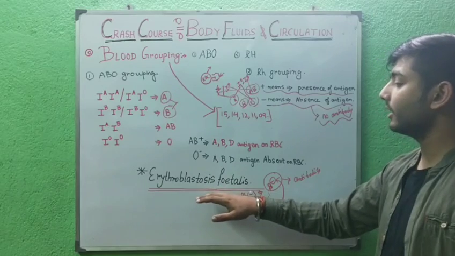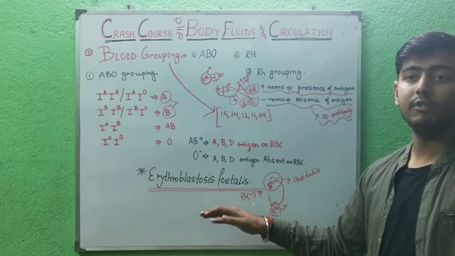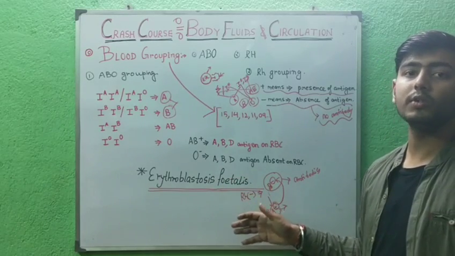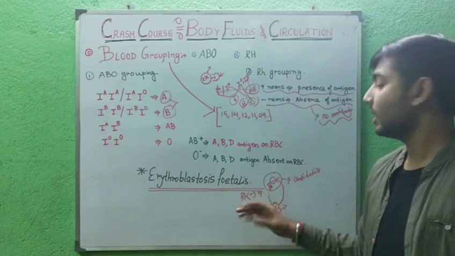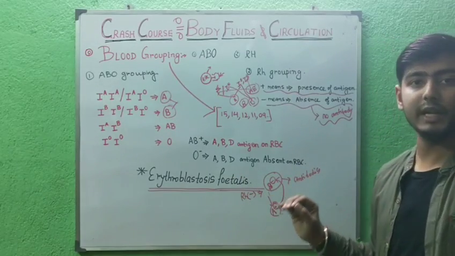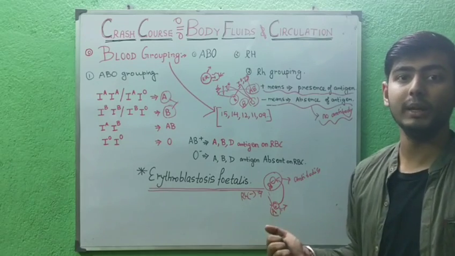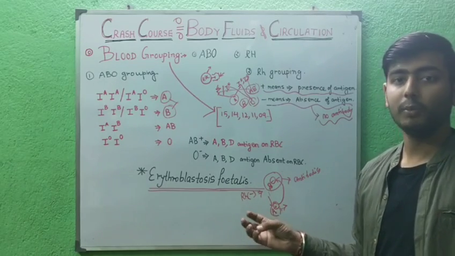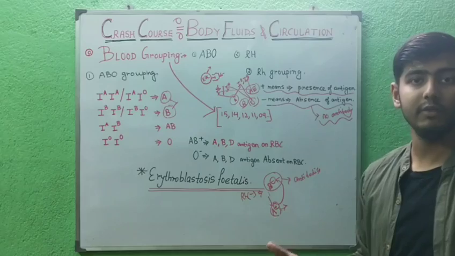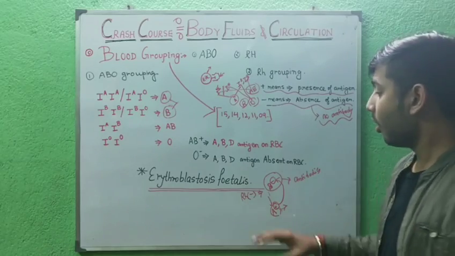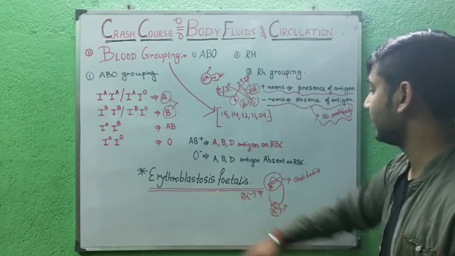It is a highly risky condition in which the fetus may die because of hydrops fetalis, because when RBCs break down, the end products are bilirubin, biliverdin, etc. Bilirubin will accumulate in the body and cause jaundice of the fetus. Hope this is clear. Erythroblastosis fetalis.